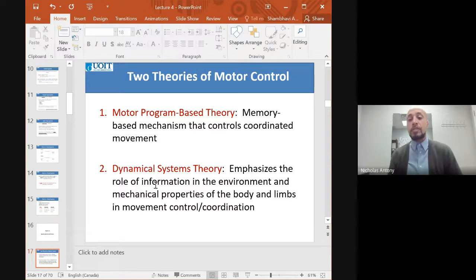So the dynamical systems theory suggests the brain has to do less processing than was suggested in the motor program based theory. The biggest knock on the motor program based theory is that having to memorize a different program for every motor skill we've ever learned just seems like a lot.